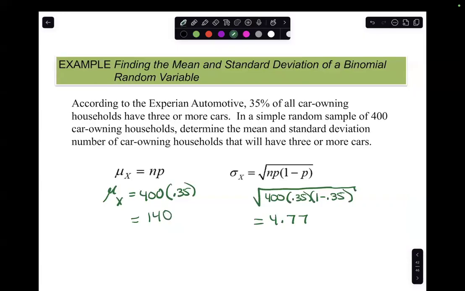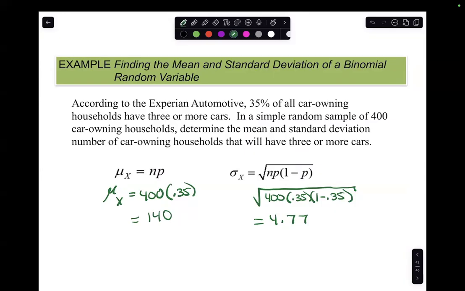And the standard deviation means the same thing here. So if I went two standard deviations above 140 and two standard deviations below 140, I would expect 95% of all samples of size 400 to be within those two numbers. If that makes sense. I'm going to pretend 4.77 is 5 just for the sake of argument.